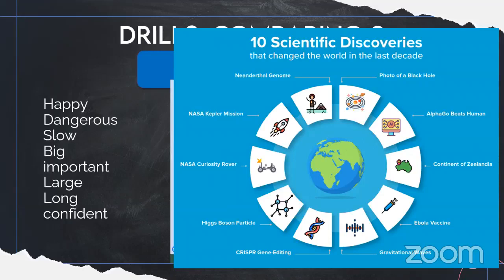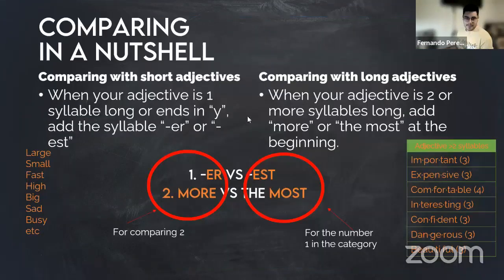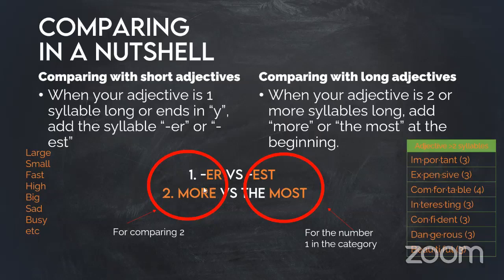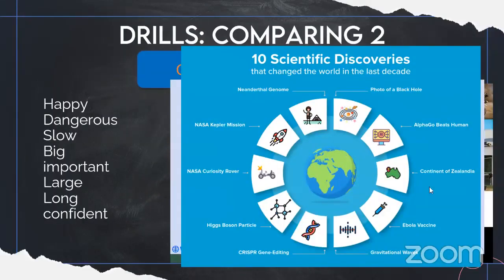The photo of a black hole is most important. When you compare two, you use more.